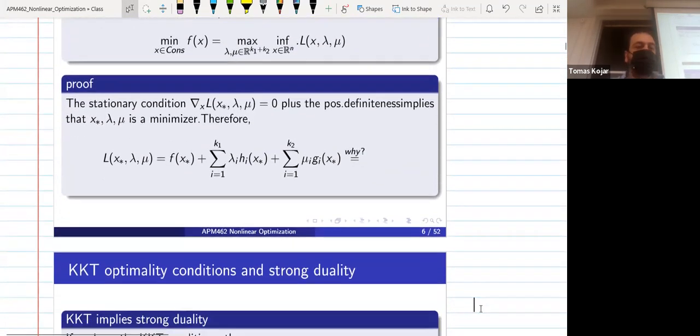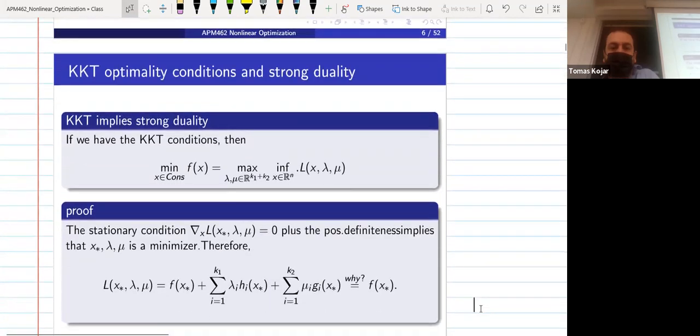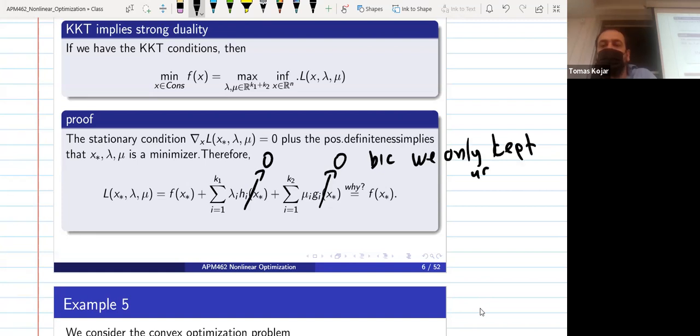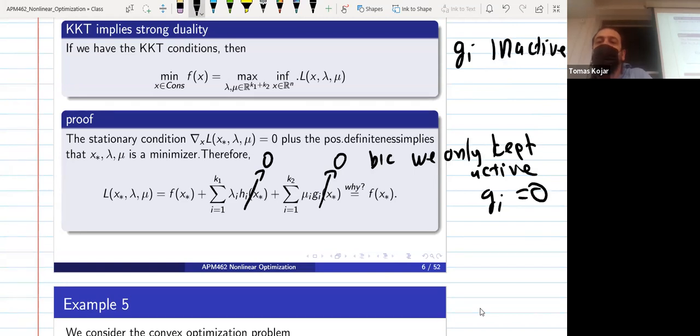So that's the minimizer. But these are also feasible conditions, right? So this guy is 0, and this guy is 0 because we only kept active, right? g_i equals 0. So again, let me remind you, when g_i is inactive, what is mu_i equal to? 0.